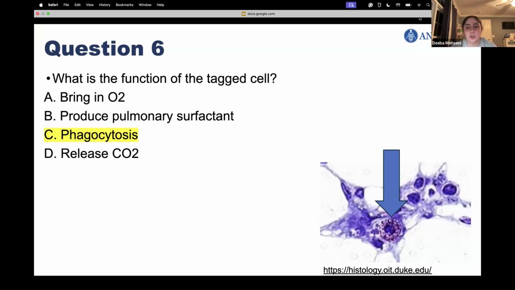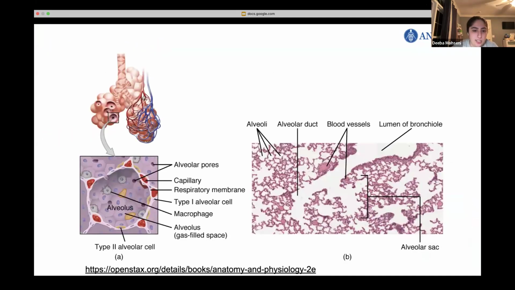It's doing away with all the bad parts, like a cell that has lost its function, or a bacteria you're trying to get rid of. So you need something like a bodyguard. They've got to be big and strong. This is your big and strong bodyguard, protecting the lungs. Then let's go back to this picture.